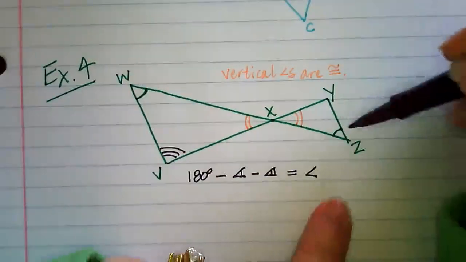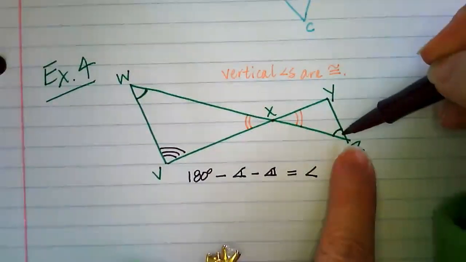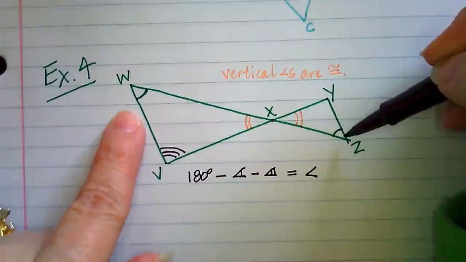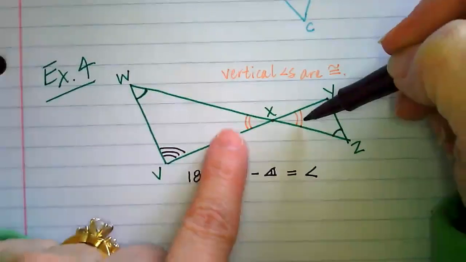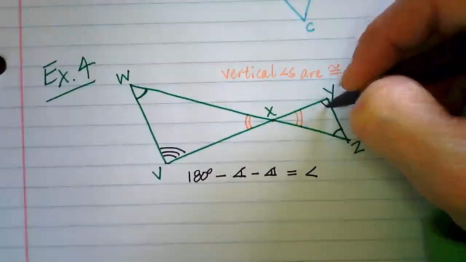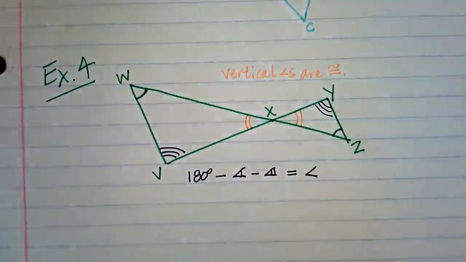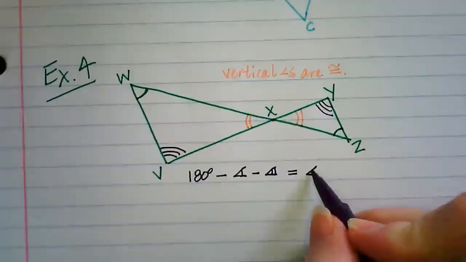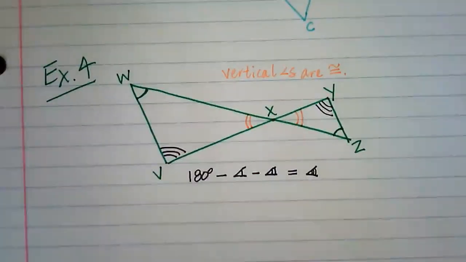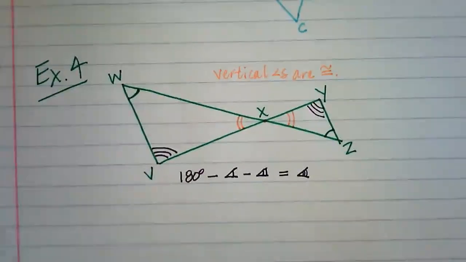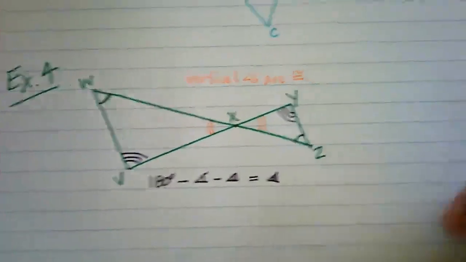And over here, if we took 180 degrees and subtracted the same small single with the same orange double, we are going to get the same, I think this is a dark purple, purple triple angle. So the answer to this would be that yes, these two triangles are similar.